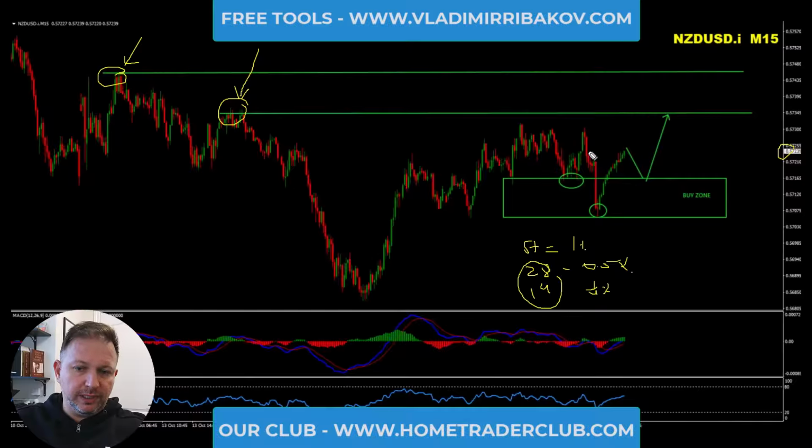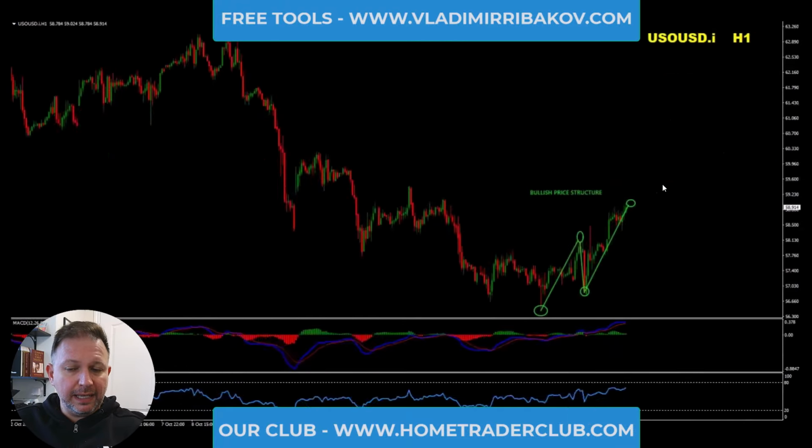So between 14 to 28 pips, that's where I want to take the target. From the buy zone to the first target, that's about 20 pips, which stands perfectly in the conditions, and that's why I want to look for the buys there.